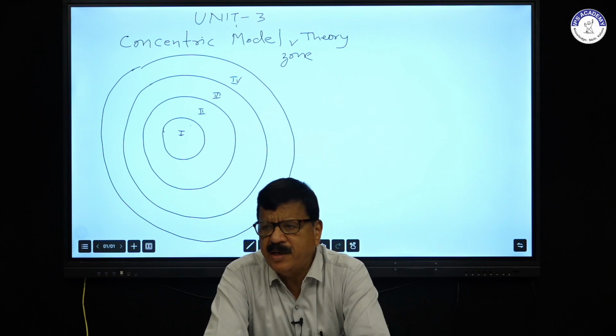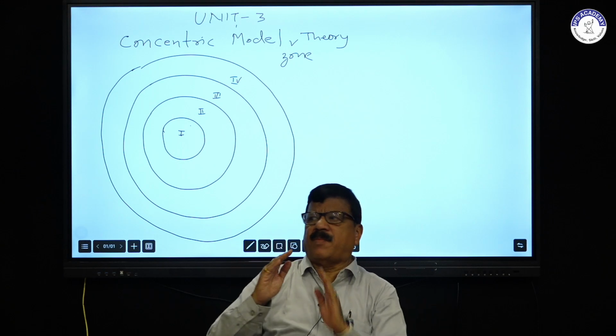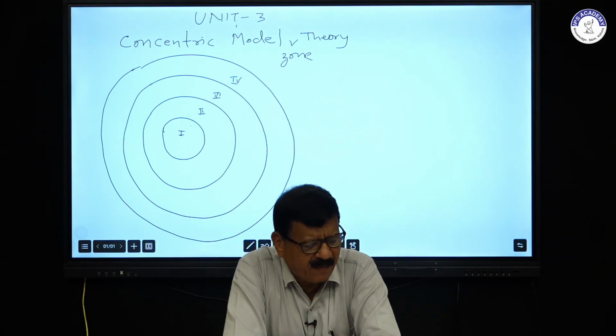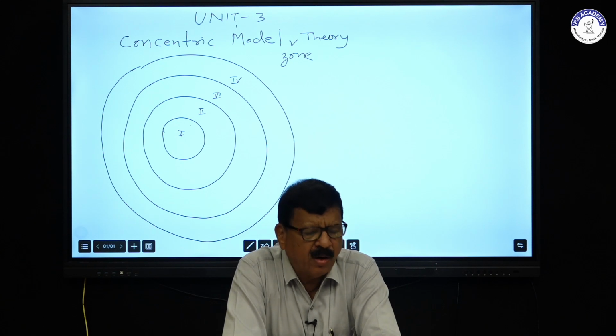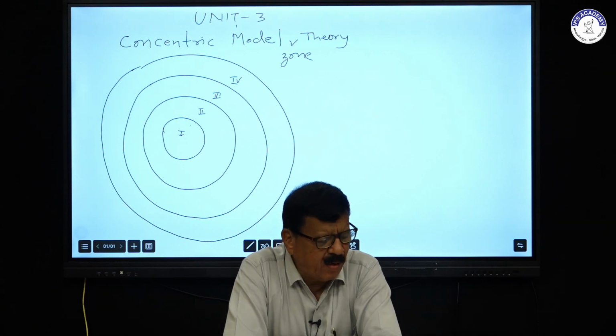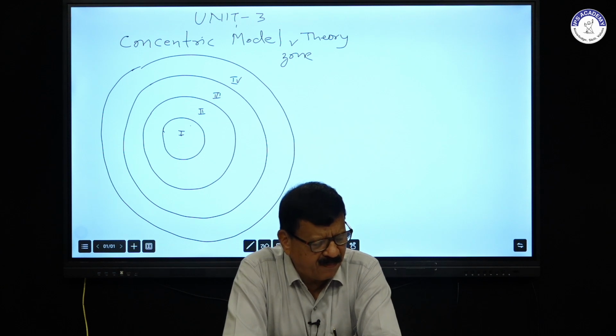From the center, it expands outwards to form a series of concentric zones. According to Burgess, there are 5 concentric zones.